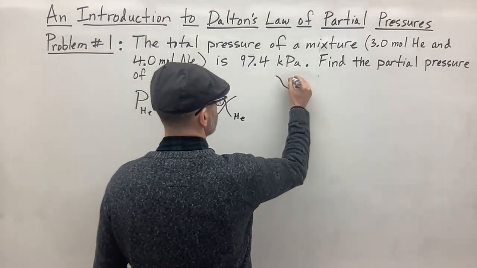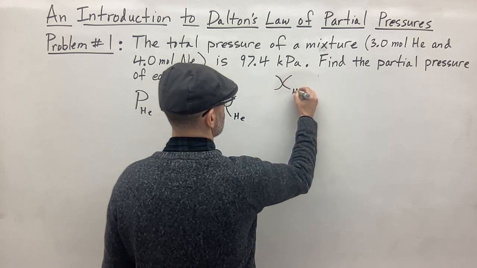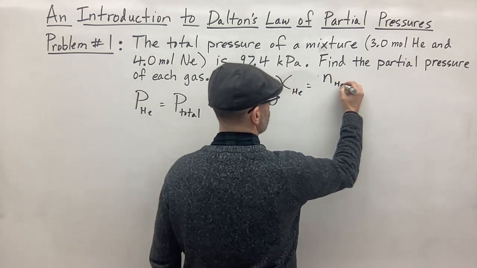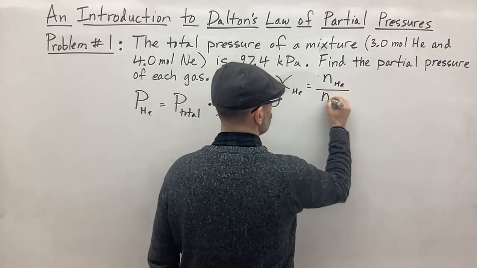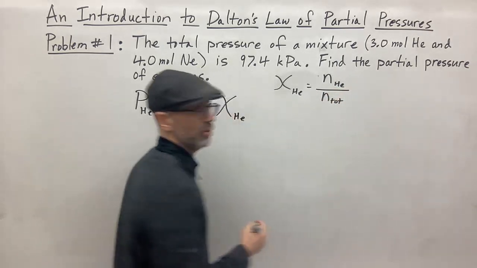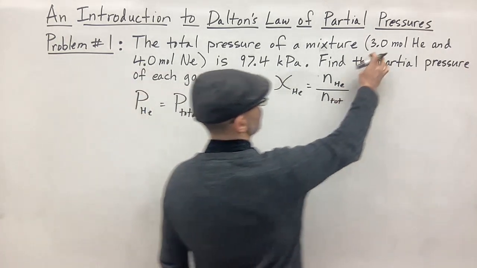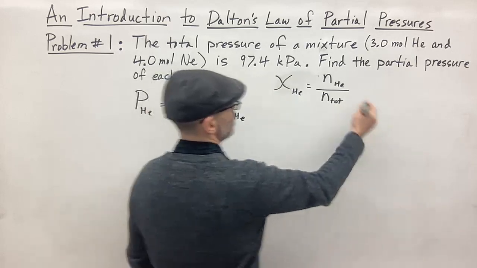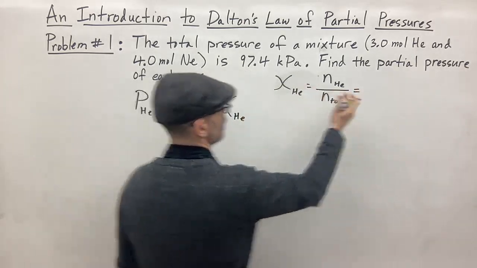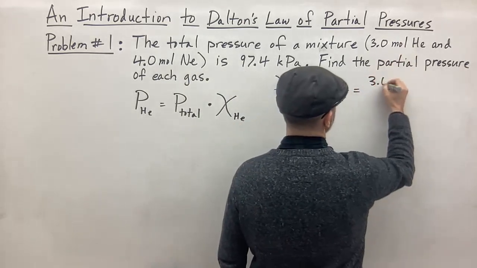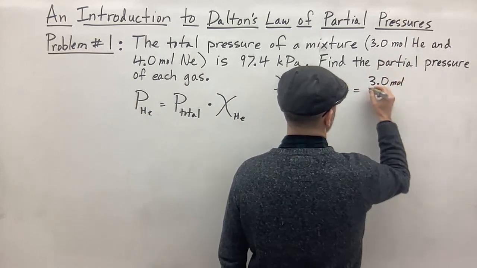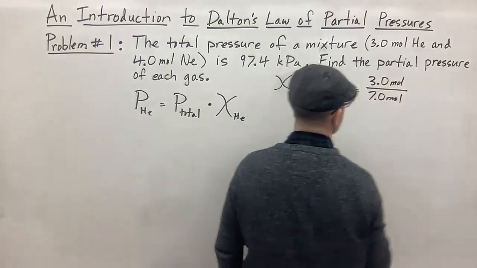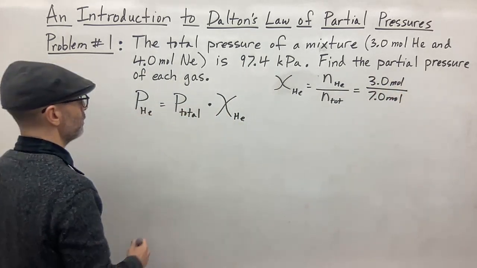The mole fraction of helium is equal to the number of moles of helium divided by the total moles. The total moles is 3 moles plus 4 moles, that's 7 moles. The number of moles of helium is 3, so 3.0 moles of helium over the total of 7.0 moles. So there's our mole fraction.